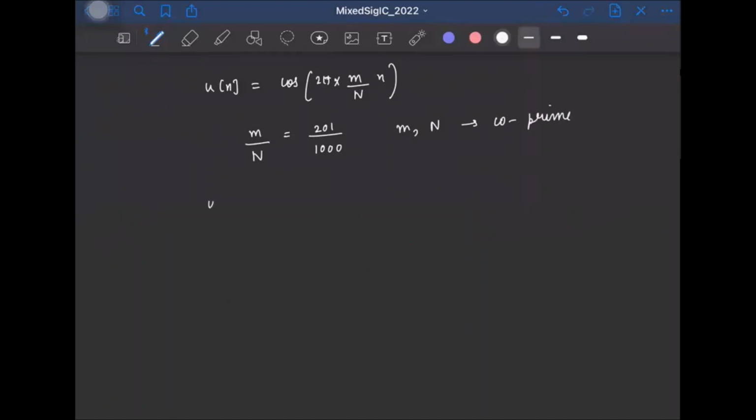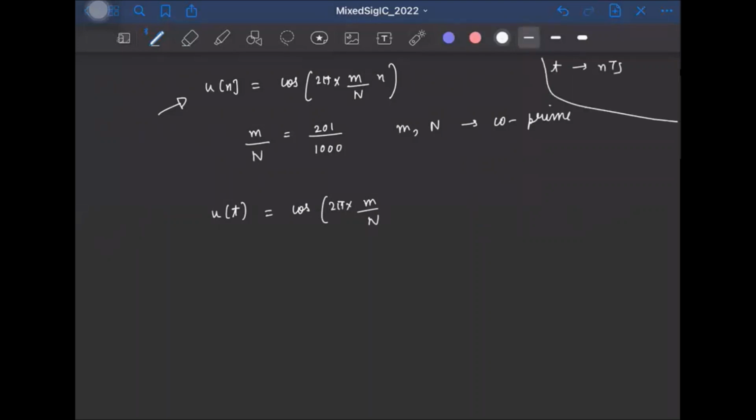Okay, so if u of n is this, what is the corresponding continuous time signal? Well, u of t is cos of 2 pi times m by n. To get the discrete time sequence from the continuous time signal, we replace t by n Ts.